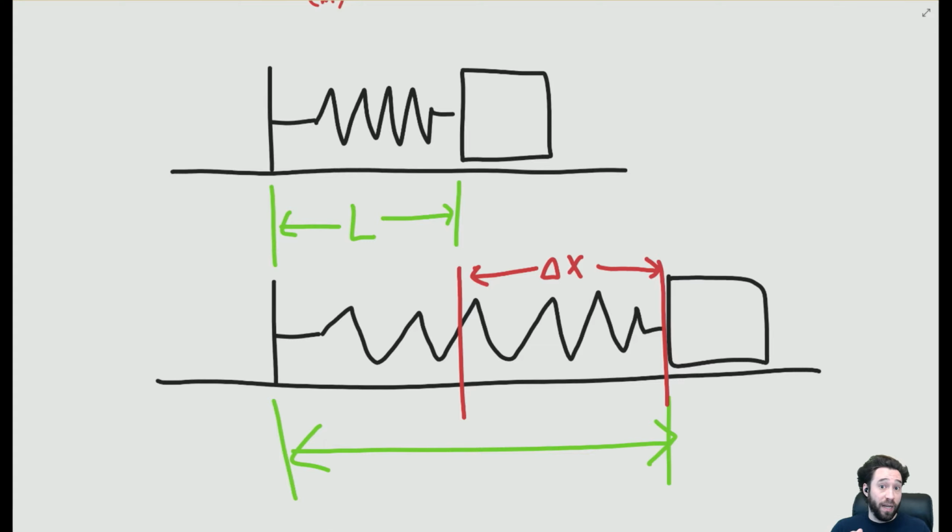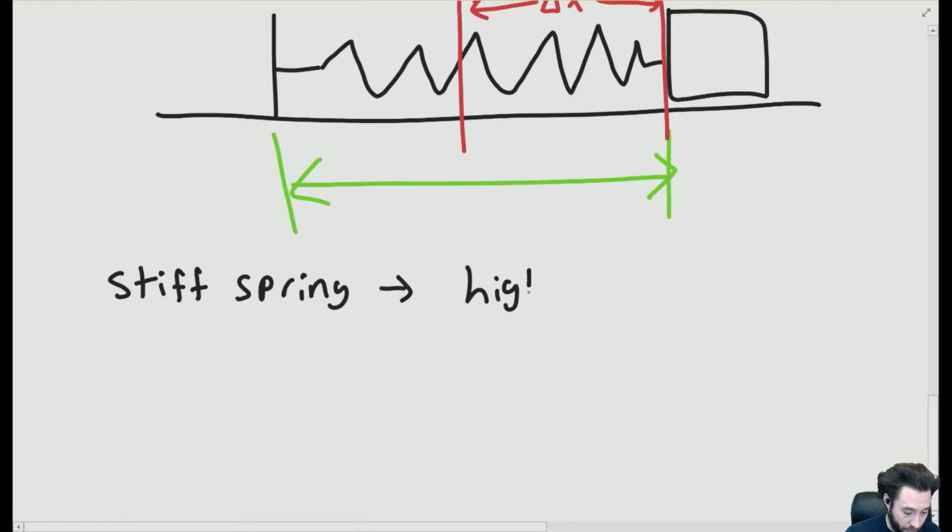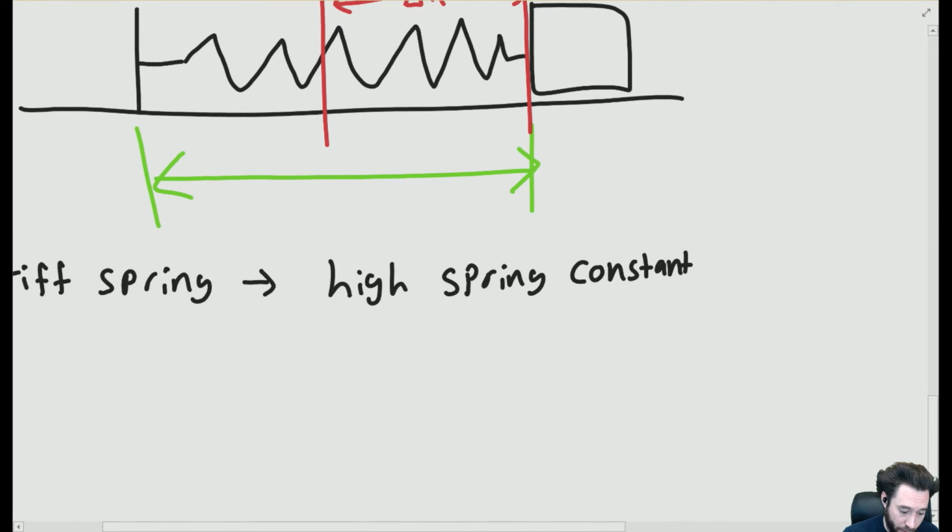So if I have a stiff spring, I'm going to have a higher spring constant. And the spring constant is the variable lowercase k.